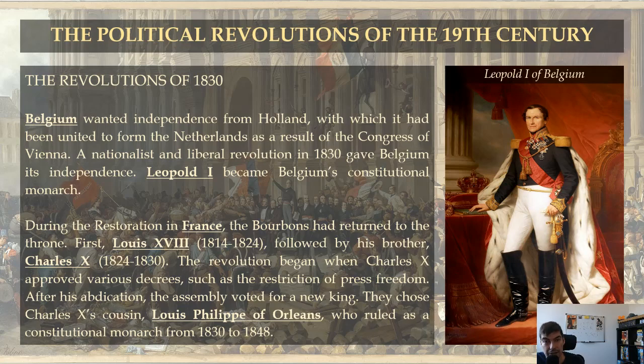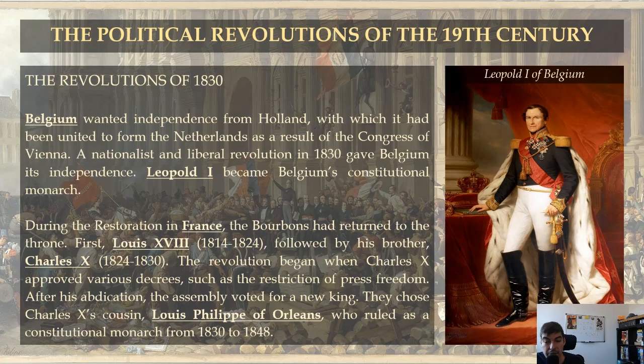Finally, after a nationalist and liberal revolution in 1830, Belgium got its independence, and Leopold I, who was also a German prince, became Belgium's first constitutional monarch. All the kings of Belgium until today have been the successors of Leopold I.